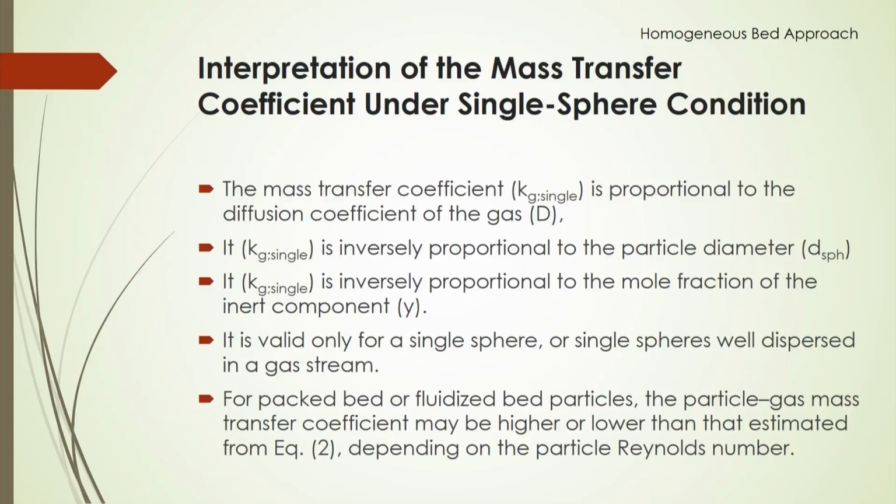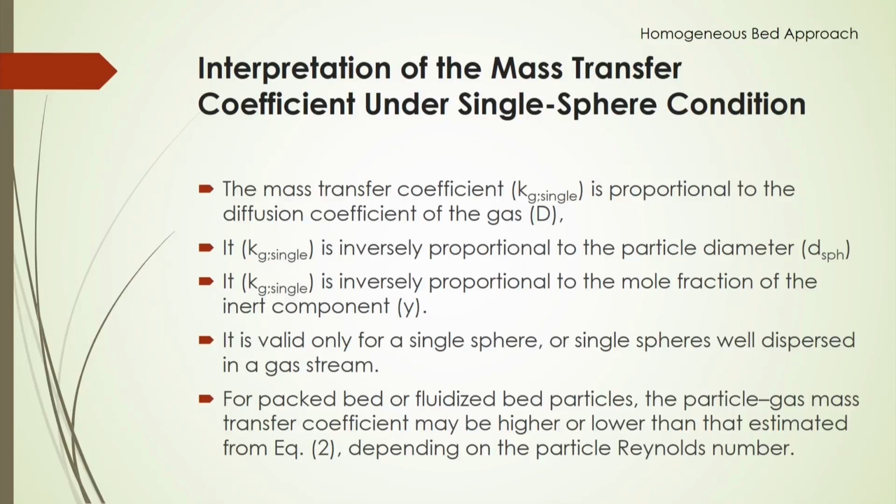If there is more than one particle, then you cannot use these correlations to predict the mass transfer coefficient in the fluidized bed. Of course, the particles must be well dispersed in the gas stream; only then can you see how mass transfer happens from the particle inside the bed.